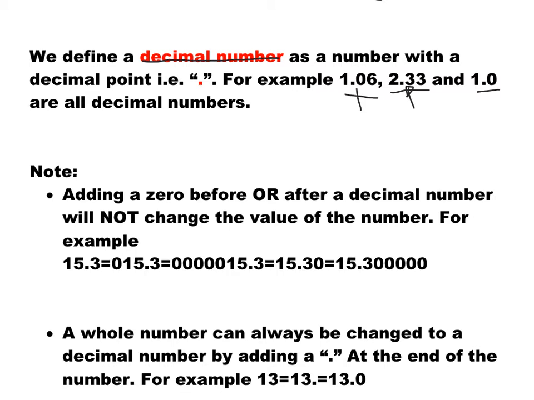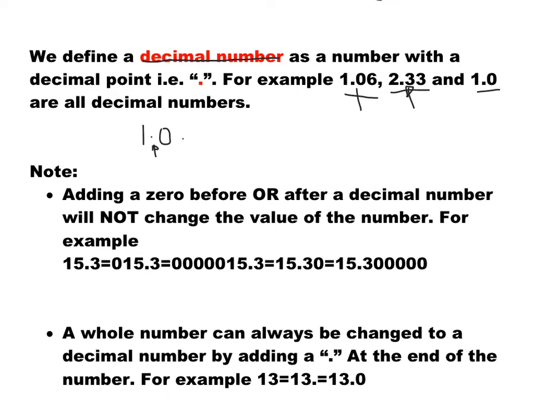Decimal numbers are really like fractions, but the denominator is either 10, 100, 1000, 10,000, and so forth. For instance, 1.0. You can see that the decimal point is one placeholder to the left.